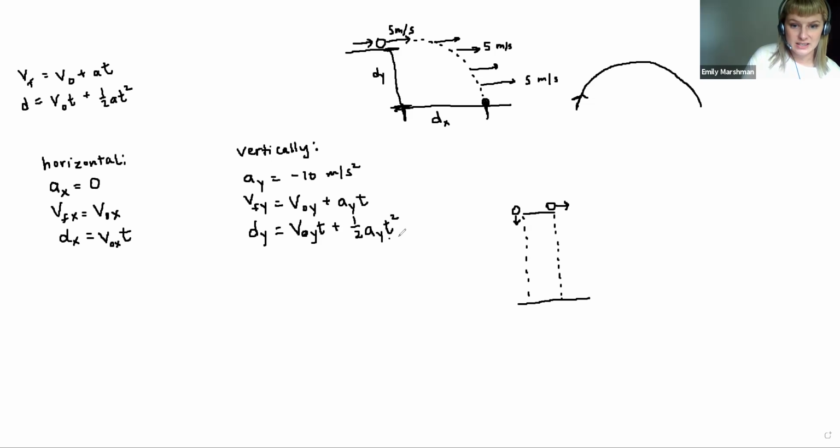The time of flight depends on the initial velocity in the y direction. And you can think about this. If you just kick a soccer ball straight, it has no initial velocity in the y direction, right? It's not like a football kick. If you just kick a soccer ball straight on the ground, it's not going to have any time of flight because it has no initial velocity in the y direction.